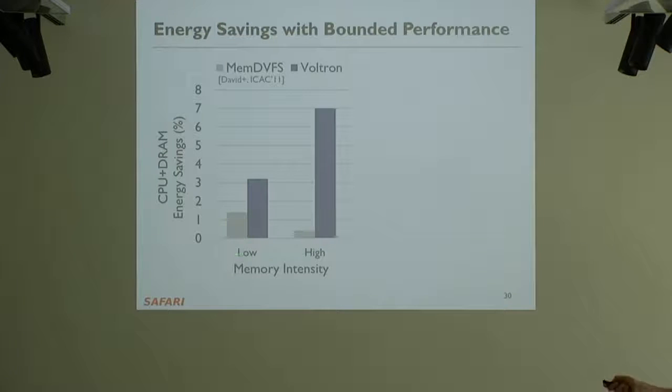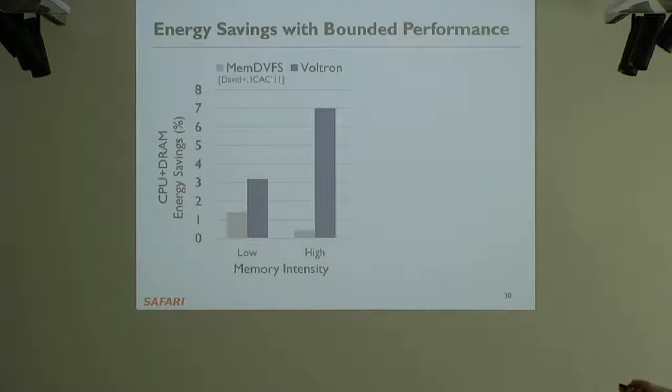We actually measured this on real systems in our ICAC 2011 paper. We had this experimental board that we built with Intel together, and we measured how you can do this scaling on a real board. So these are commensurate with the results that we have from the real systems. You don't save a lot of energy, but it's a real system energy savings, an entire system energy savings.